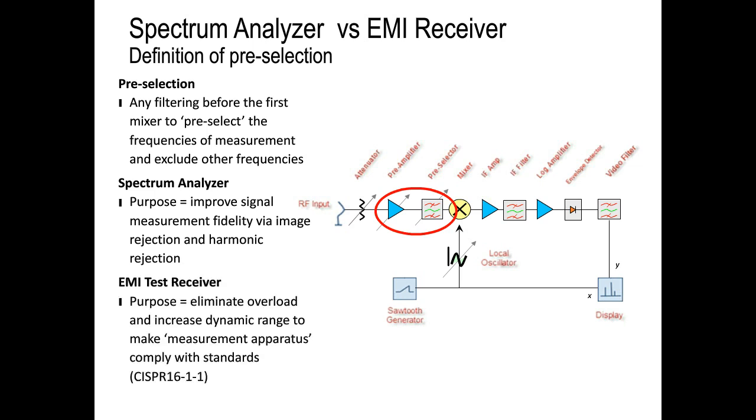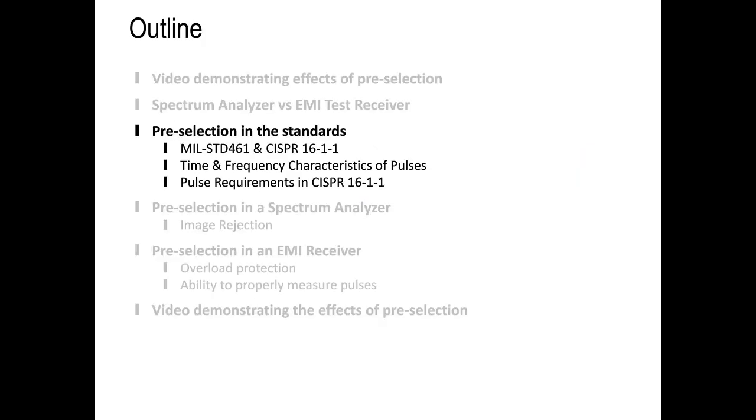Now the purpose in a receiver is to eliminate overload and increase the dynamic range to make the measurement apparatus comply with the standards, specifically CISPR 16-1-1, and we're going to see what that means in a moment. So with that, now we're going to cover how the standards reference pre-selection.